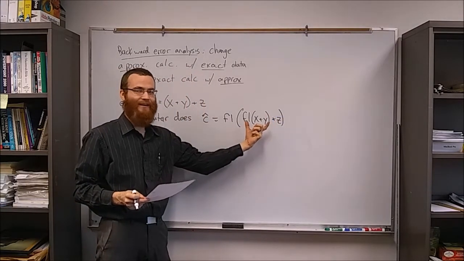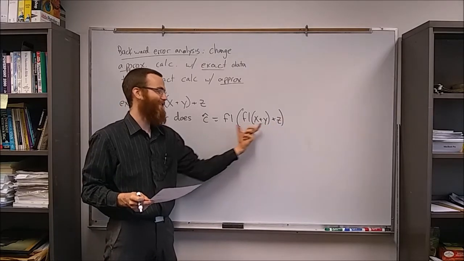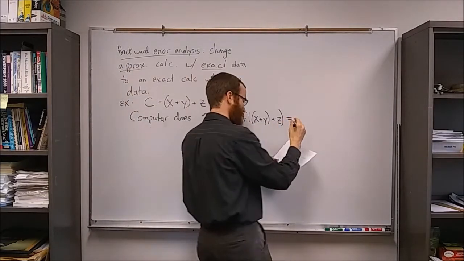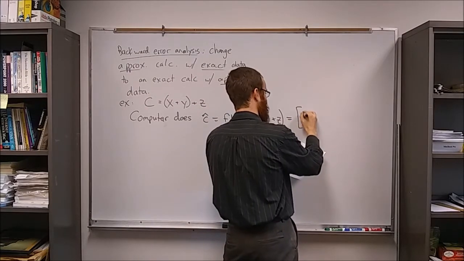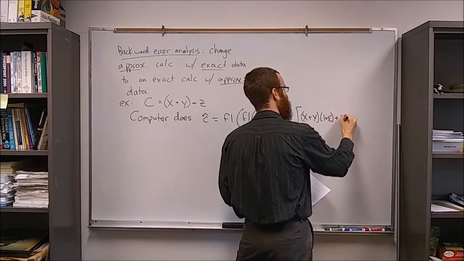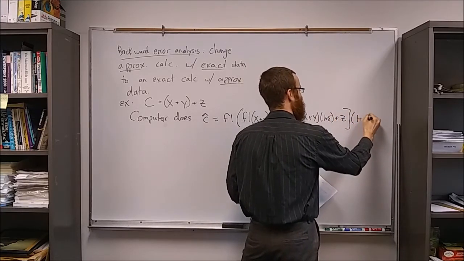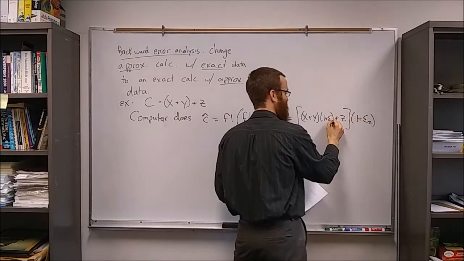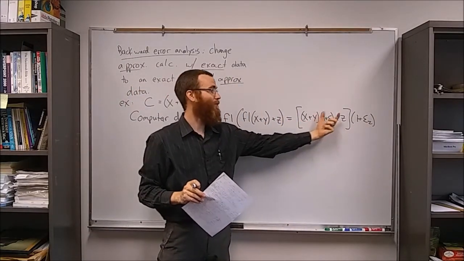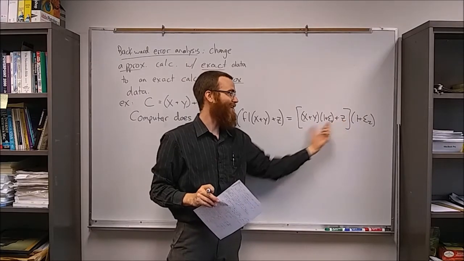It does x plus y, takes that as a floating point, then adds z and takes that as a floating point. So if we do it this way, this is (x plus y)(1 plus epsilon 1), plus z, times (1 plus epsilon 2). So you have a relative error from adding x and y, and you have a relative error from adding z to that.